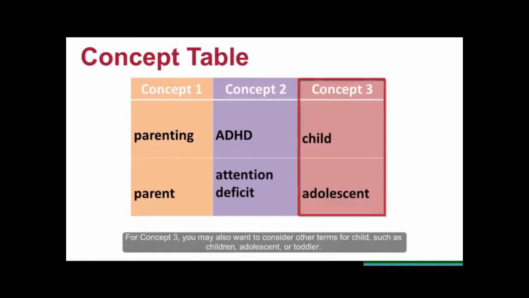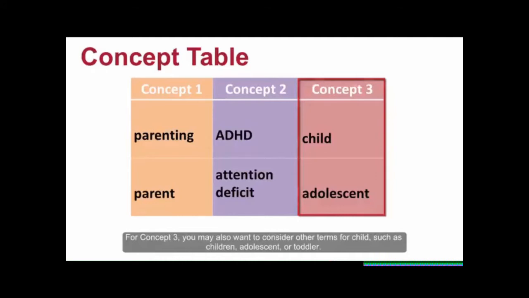This is very clear here: when you are sorting for the keywords, when you have the keywords or the key concept taken from the clinical issue, originally the words are parenting, ADHD, and child. You are going to create a concept table, and in this table, you are going to find a word that is synonymous with the main word. When I say synonymous, that means an alternate term.